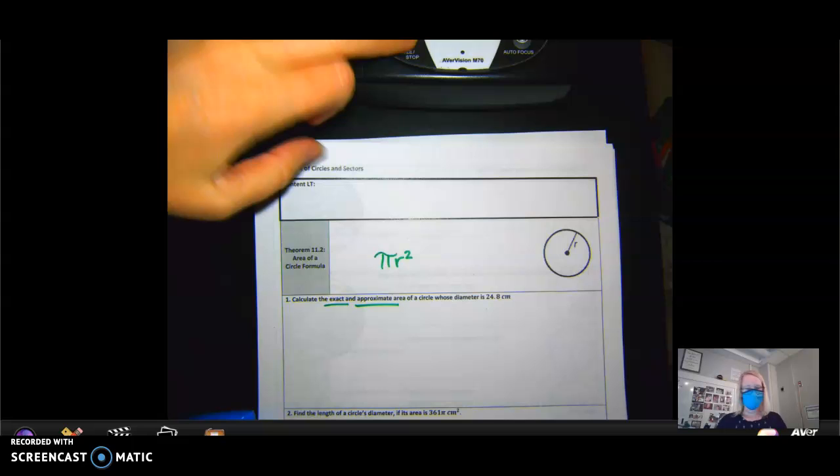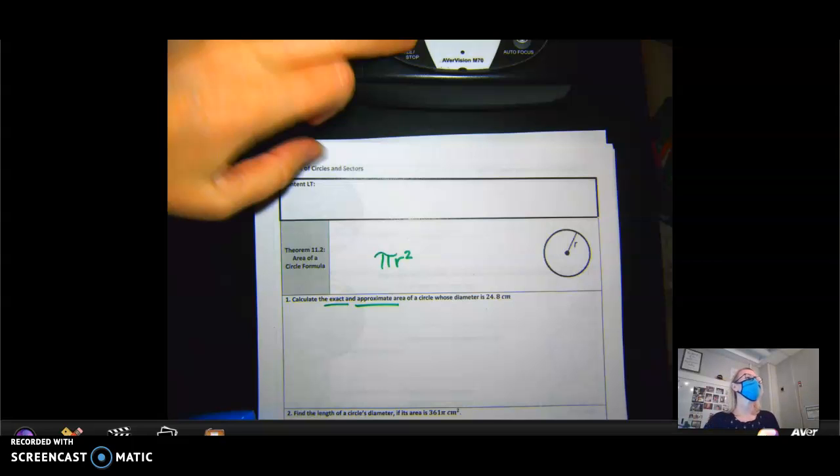What'd you guys get for the exact area? Well, first off, what'd you get for the radius? Did you guys find the radius first? Yep, radius is 12.4, right? Because it's half the diameter. What did you guys get for the exact area?